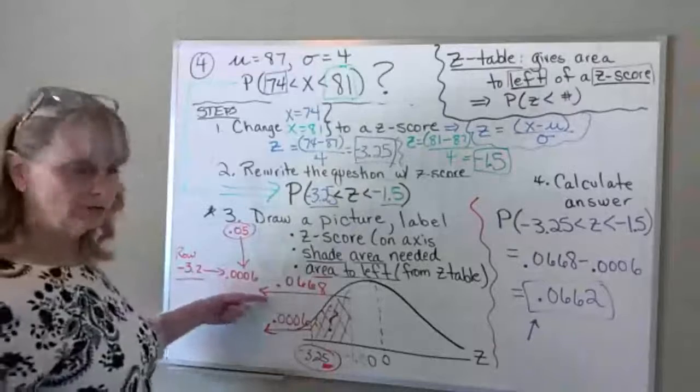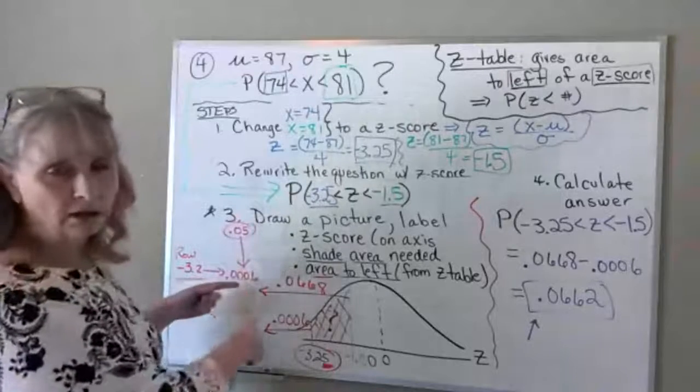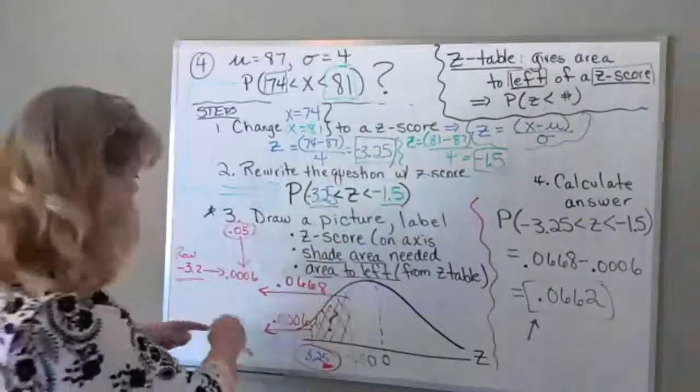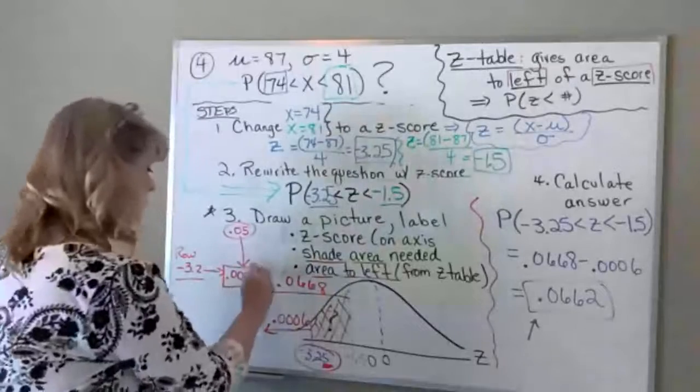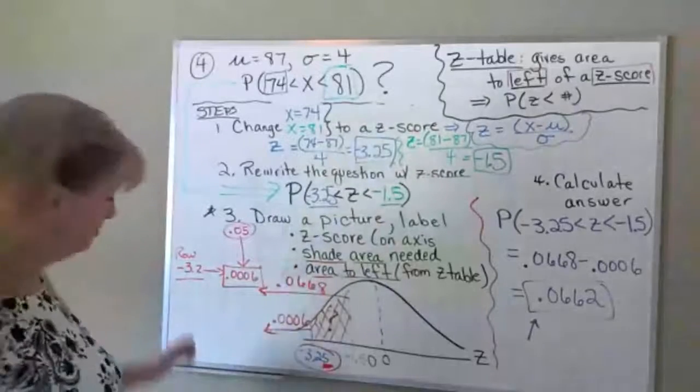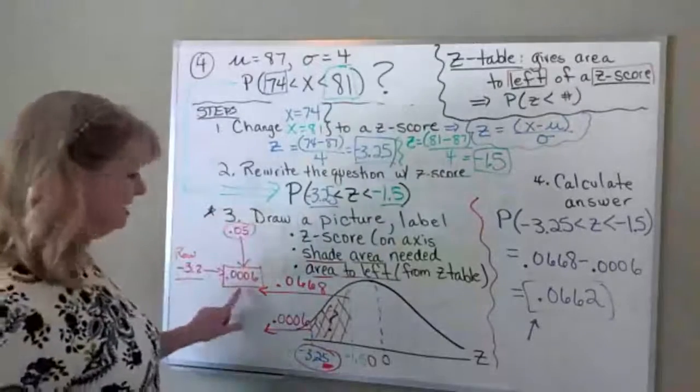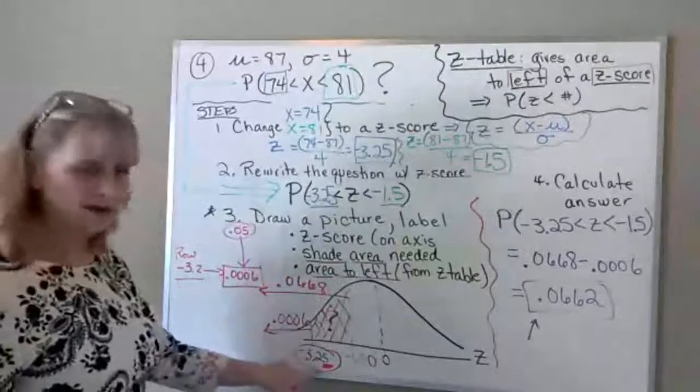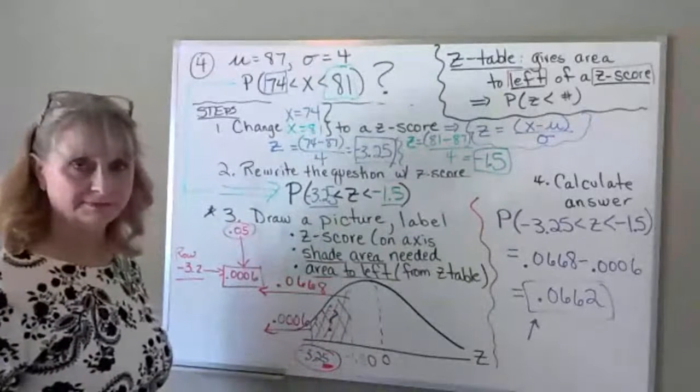This one row and this one column. And the number that is there at the intersection of this row and this column is the area to the left of this z-score.